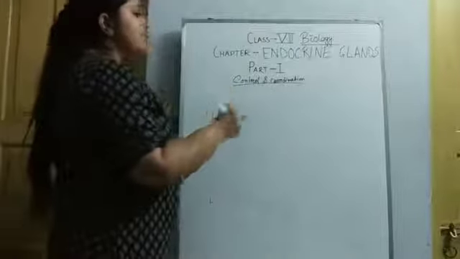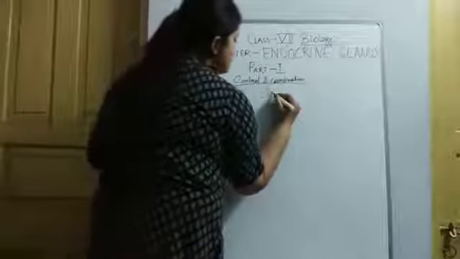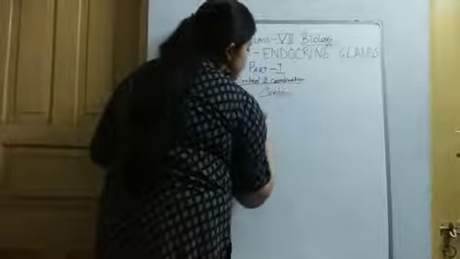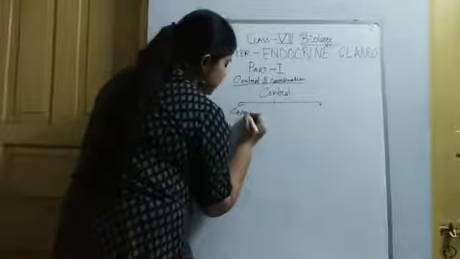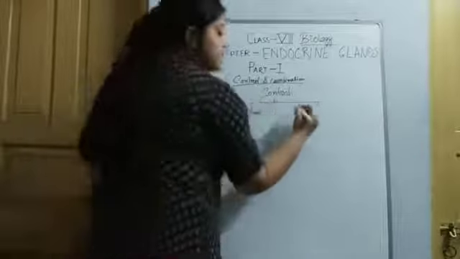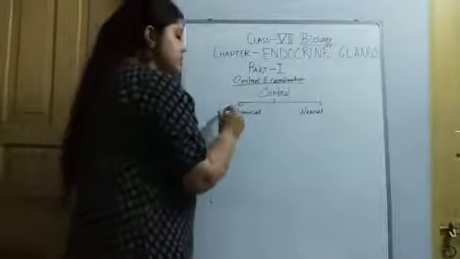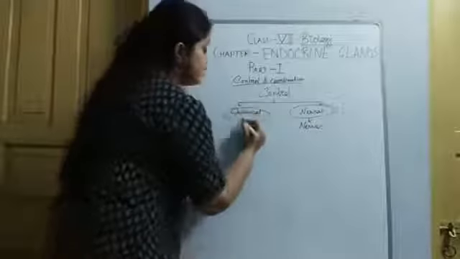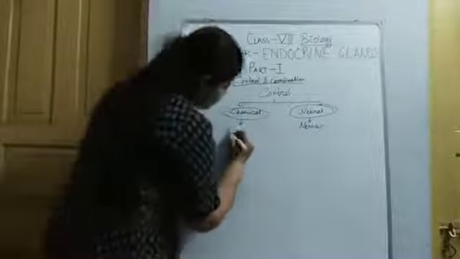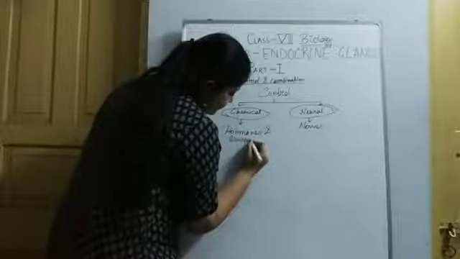Okay, so then we come to control. The controlling system can be divided into two manners. The first one is the chemical control and the second one is the neural control. As the name suggests, the neural control consists of nerves, and the chemical control is mainly done by hormones and also enzymes.